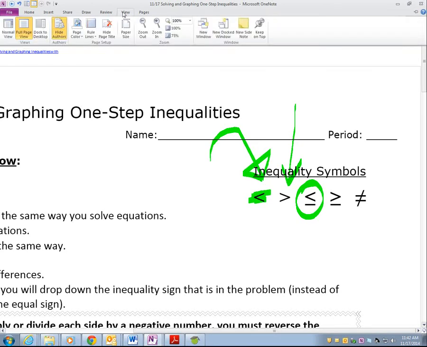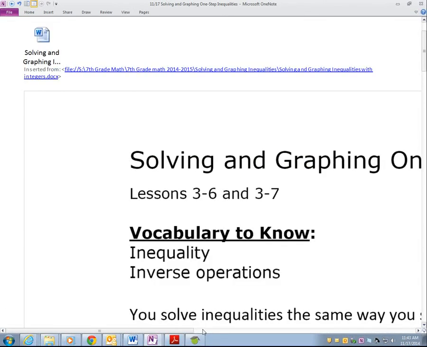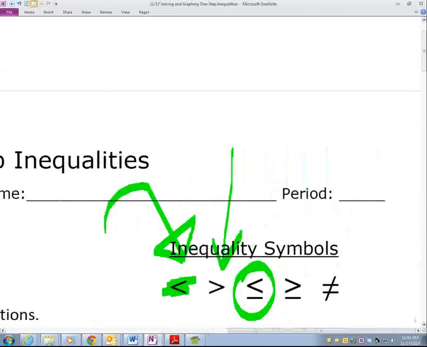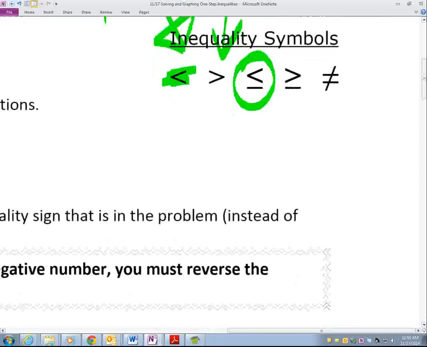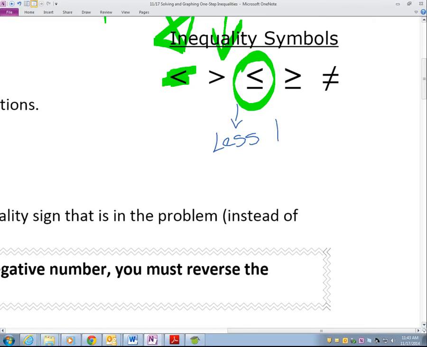What's happening with this is less than or equal to is what that means. So if you've never seen that before, I want you to write down less than or equal to.